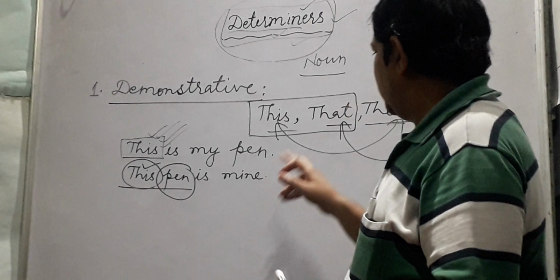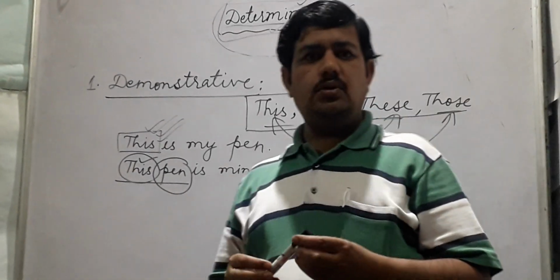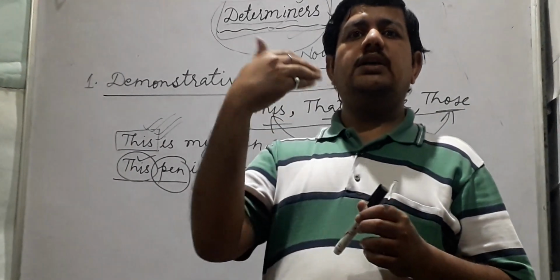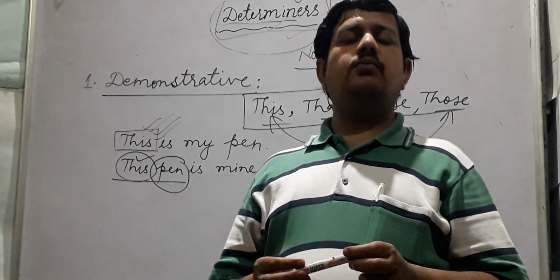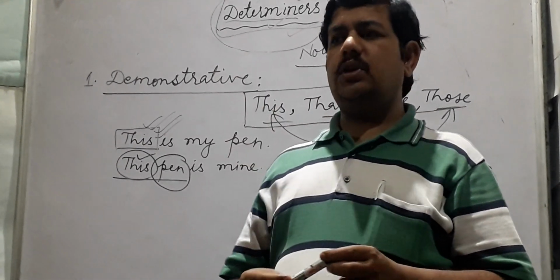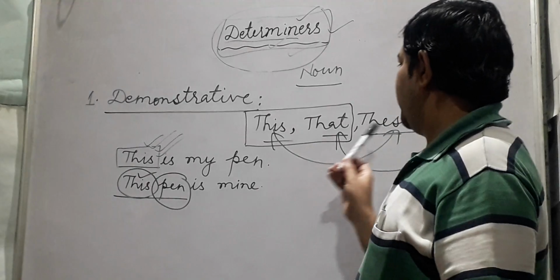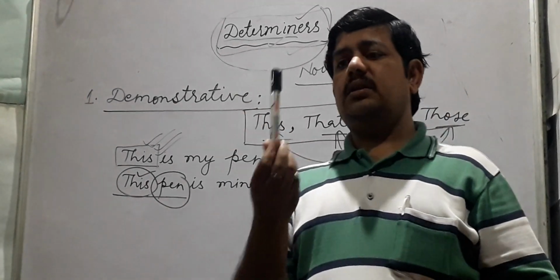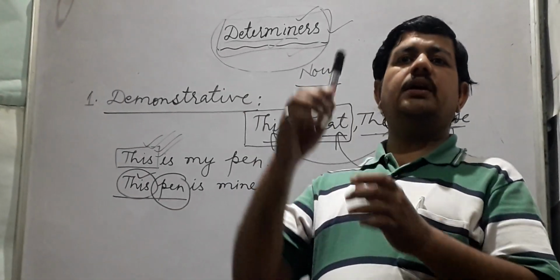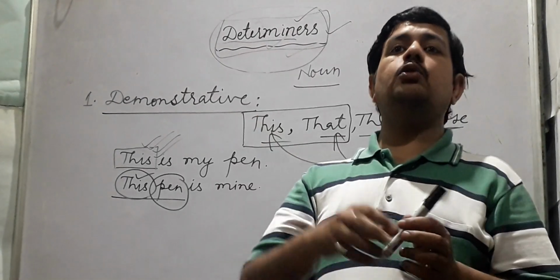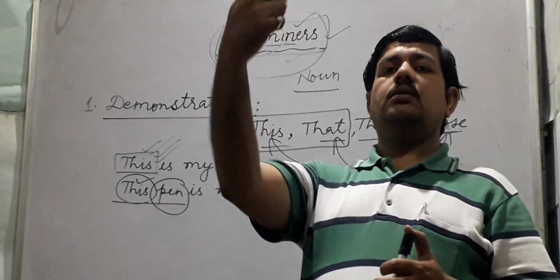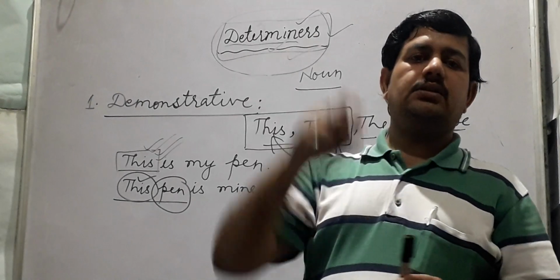When we use this, that, these, those, basically it's a kind of explanation. When we demonstrate something, there we use this, that, these, those. Like this is a marker, and if it is far away, we use that, with some pointing, like that is a marker.